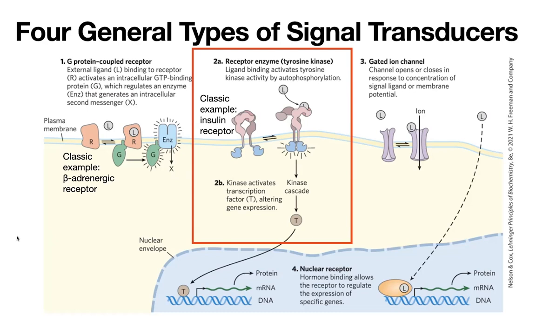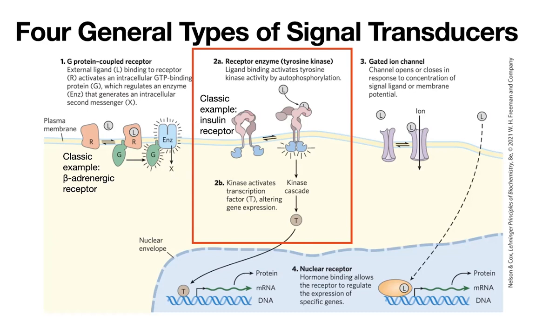In the case of our receptor tyrosine kinase, here our receptor is itself an enzyme. It's going to be a tyrosine kinase. When we talk about kinases, the amino acid before the word kinase tells you what it phosphorylates, and so it phosphorylates tyrosines. More specifically, these receptor tyrosine kinases can actually phosphorylate themselves.